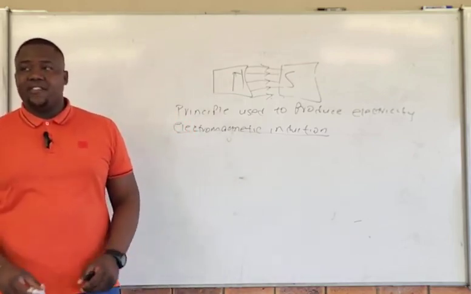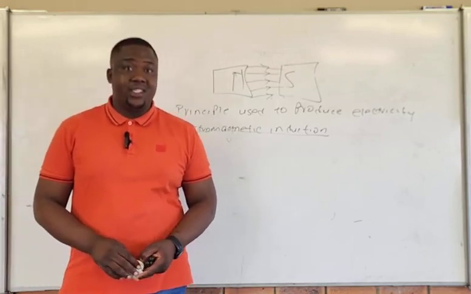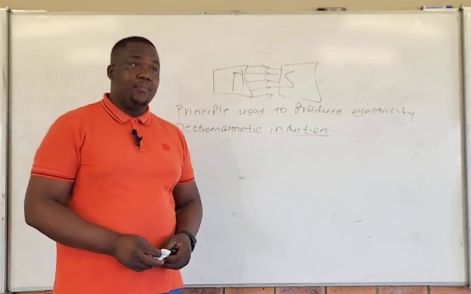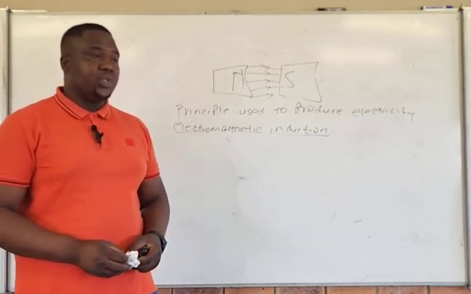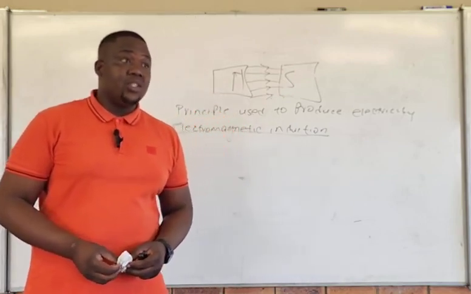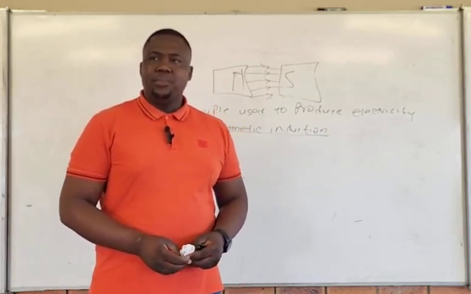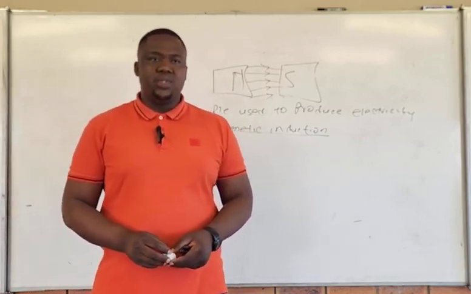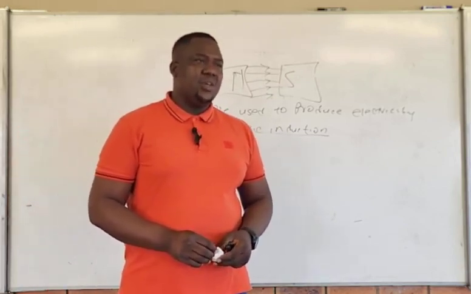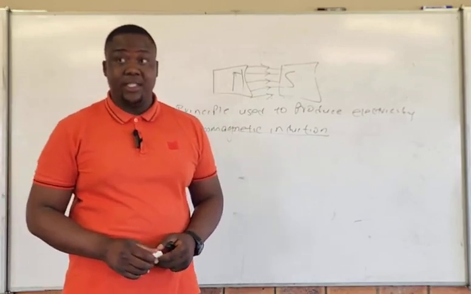You know that in South Africa we have issues with electricity, but we are not producing our electricity from magnets, because producing electricity from magnets would be very costly, because magnets won't be able to produce as much high current as we may want.